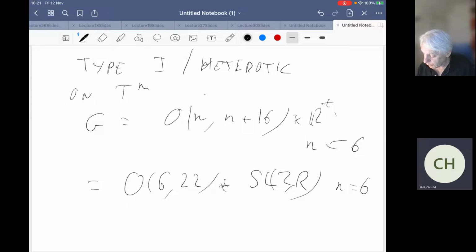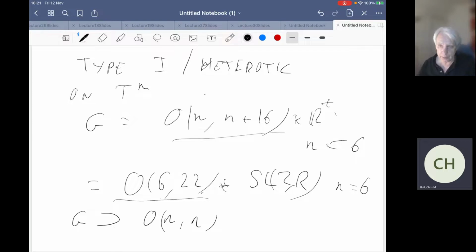Here we see that the group clearly contains O(N,N), but it has some extra structure. So in the heterotic case, the T-duality group in fact extends to O(6,22) or O(N,N+16), and this can be understood entirely within string perturbation theory.